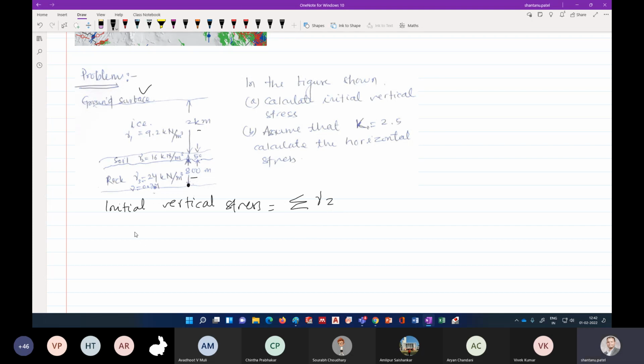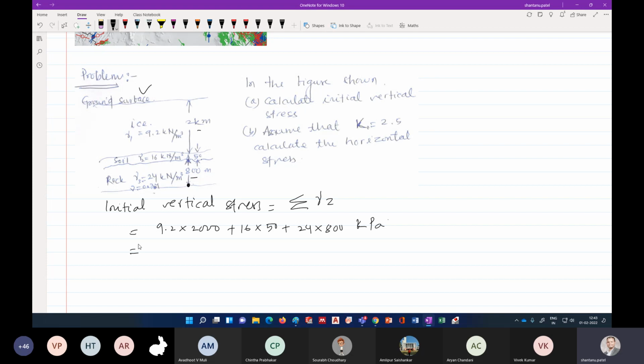This equals 9.2 kilonewton per meter cube, so 9.2 into 2 kilometers, that is 2000, plus 16 into 50 meters, plus your rock is 800, so 24 into 800, in kPa.